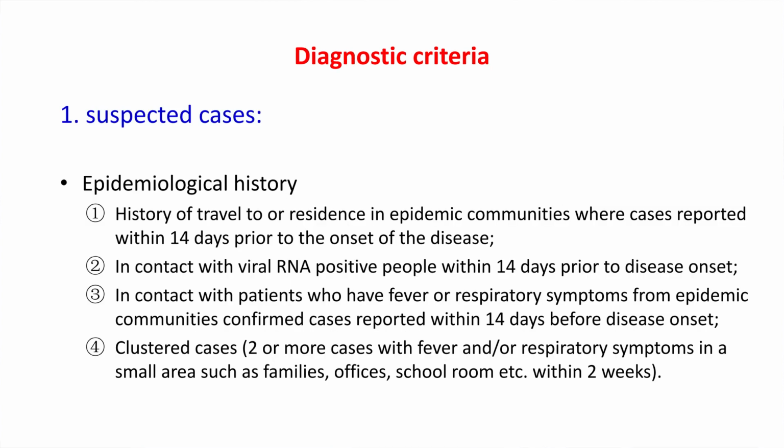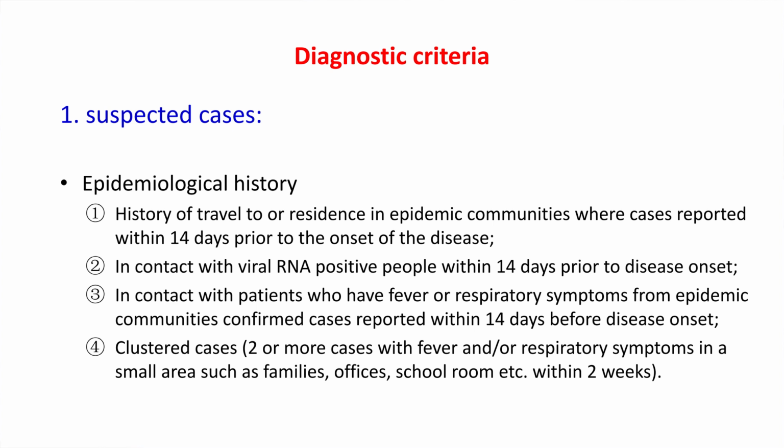The diagnosis criteria. Suspected cases we can diagnose based on epidemiological history and clinical features. Epidemiological history includes 4 parts. If one of these histories is in accordance with the clinical features, we can diagnose it as a suspected case.